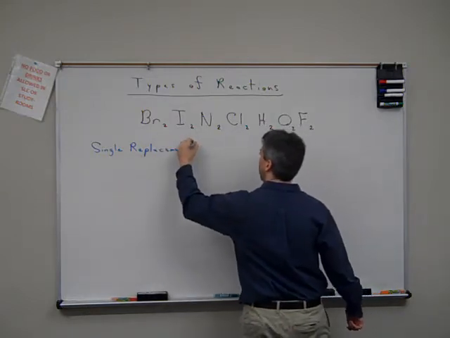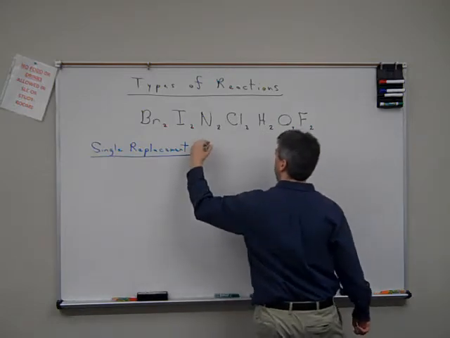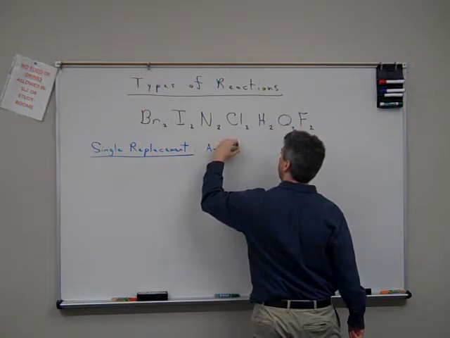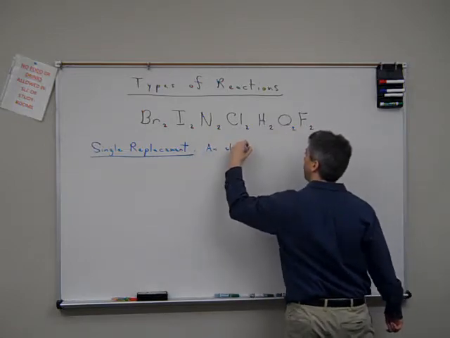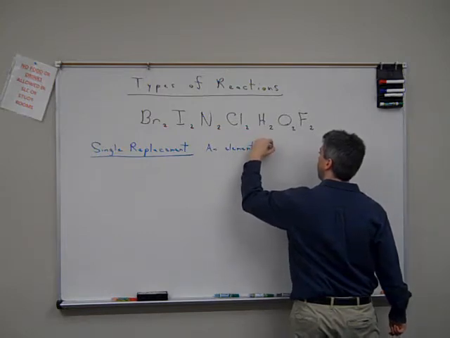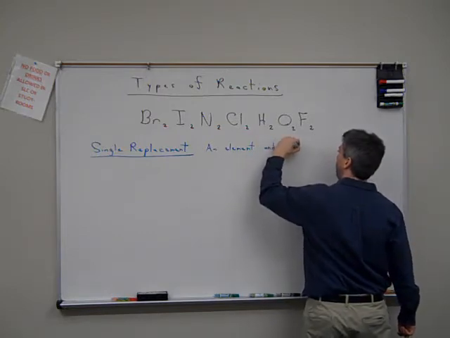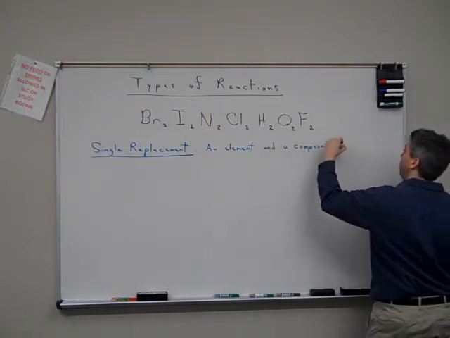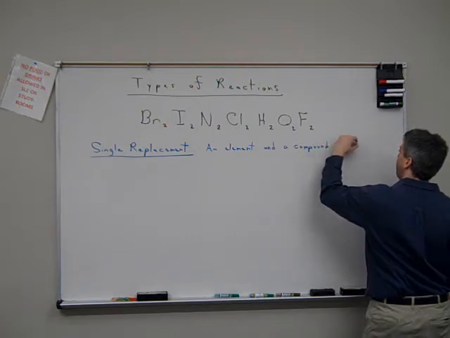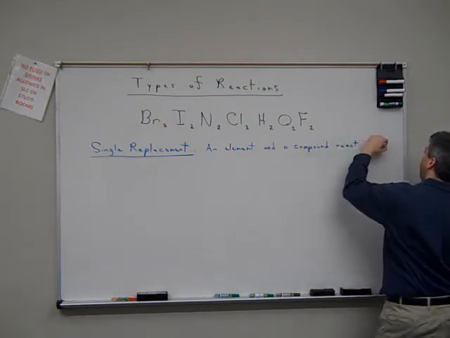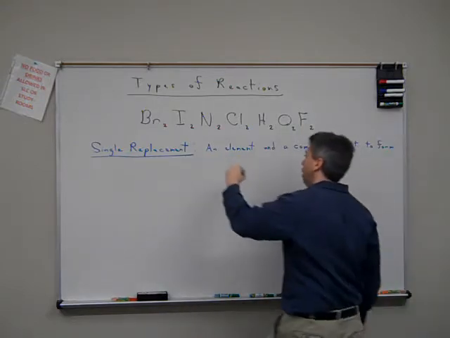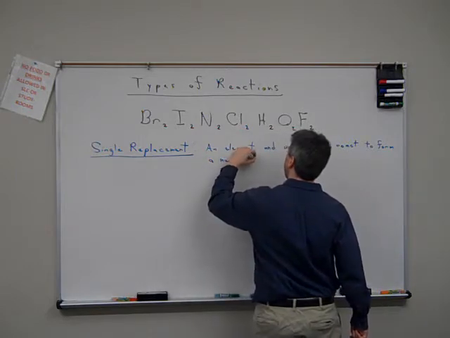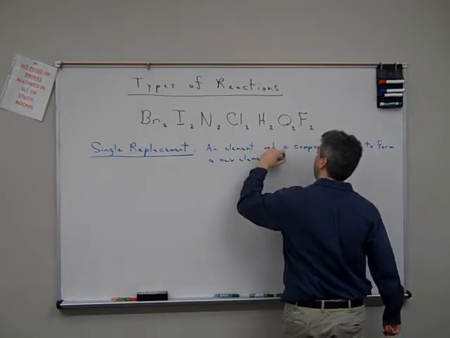What happens is, in a single replacement reaction, an element and a compound, usually an ionic compound, but not always, react to form a new element and a new compound.